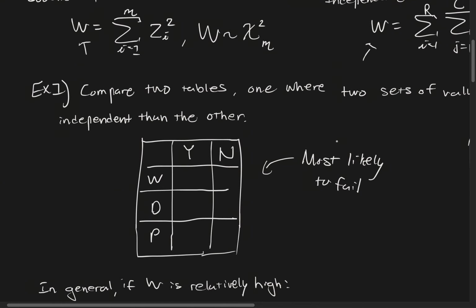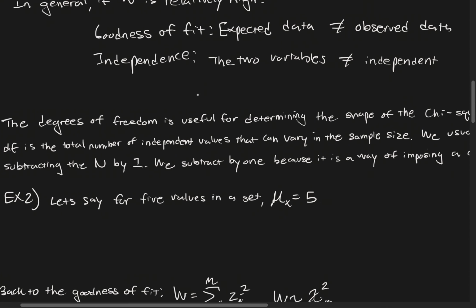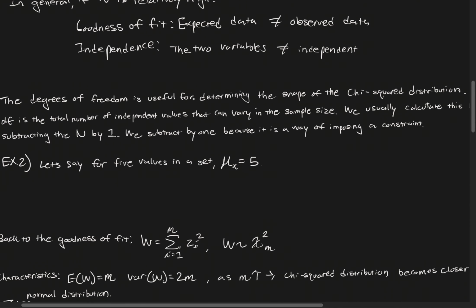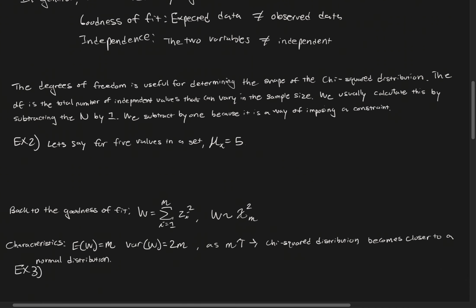All right, before I mention this m right over here, what it represents is the degrees of freedom. So now I'll explain what the degrees of freedom is. Simply put, it's useful for determining the shape of the chi-square distribution.